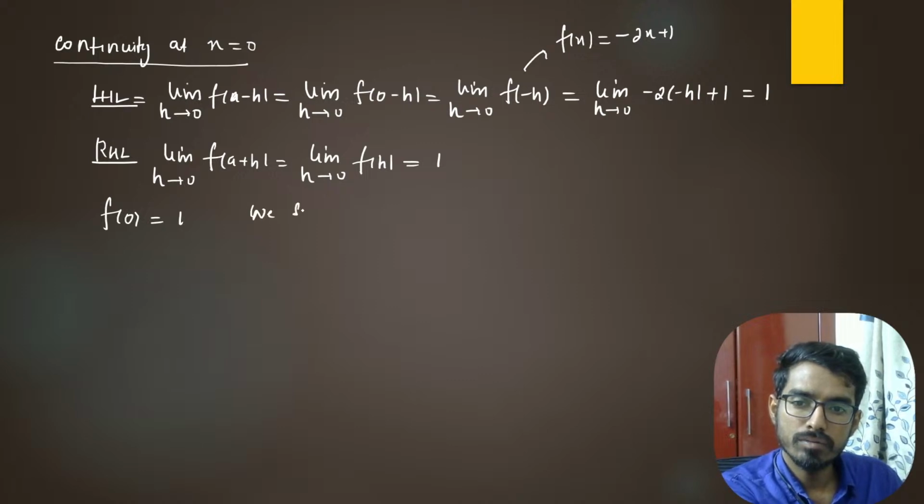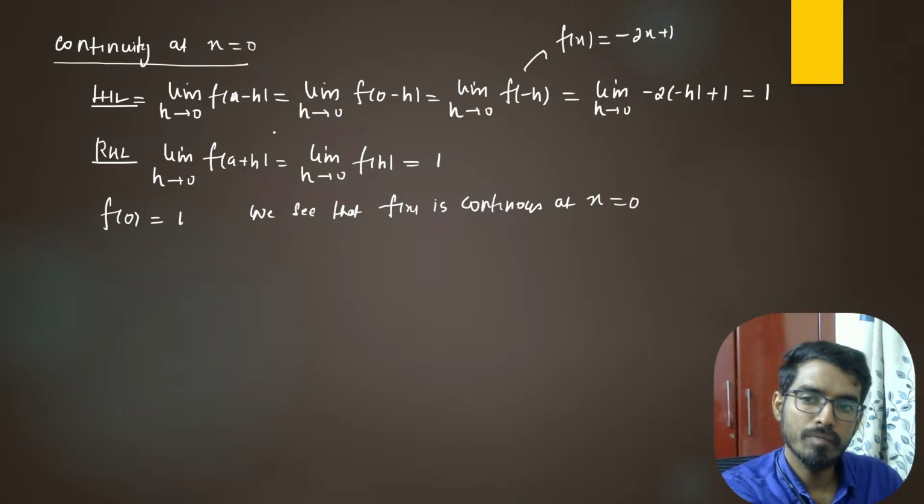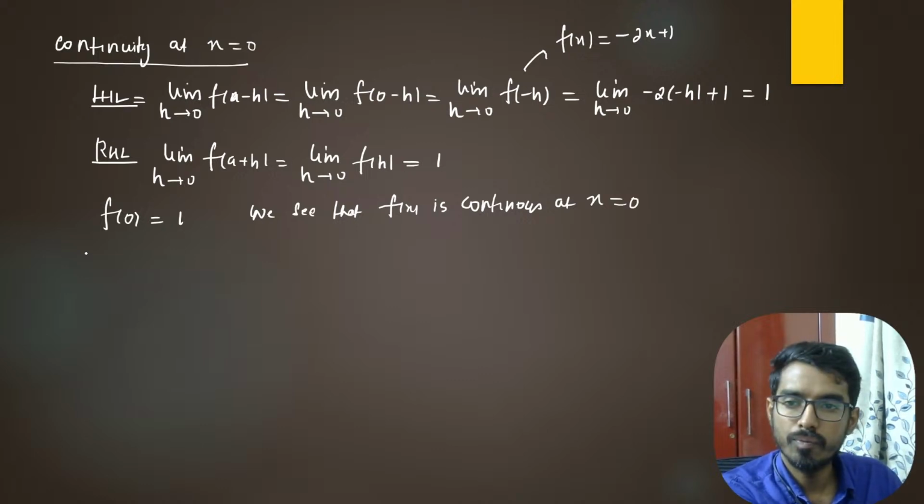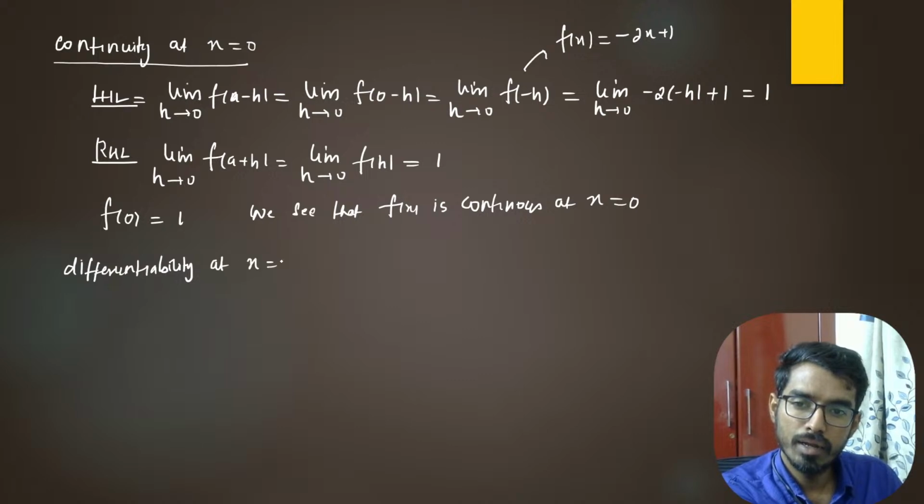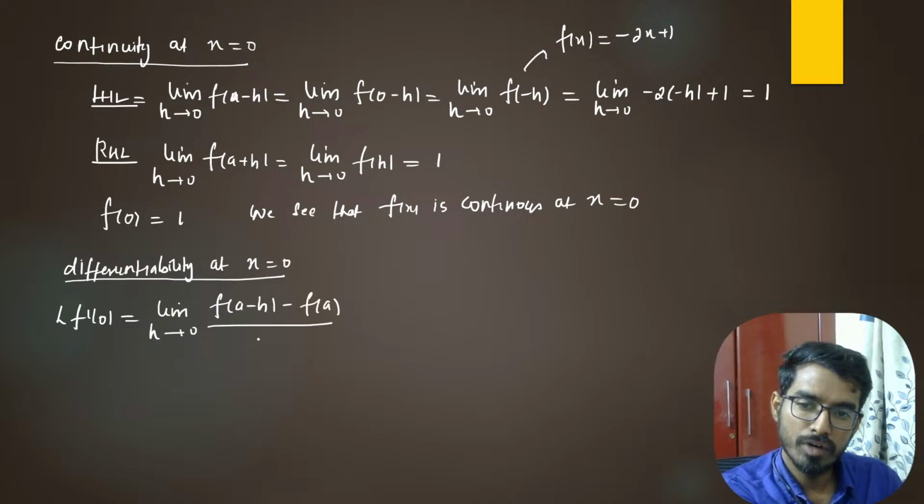We see that f of x is continuous at x is equal to 0, because LHL, RHL, f of 0 all are equal to 1. Now we'll check the differentiability at x is equal to 0. So first you find LHD, f dash of 0. So limit h tending to 0, f of a minus h minus f of a divided by minus h. So limit h tending to 0, f of minus h minus f of 0 divided by minus h.